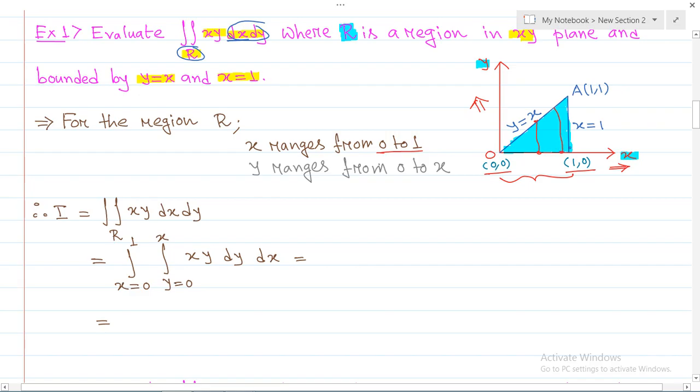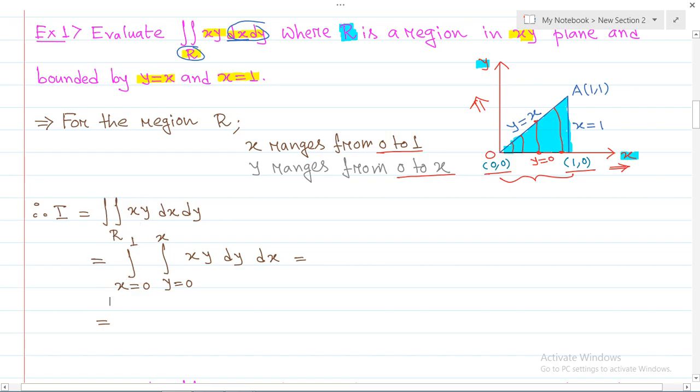At the x-axis the value of y is 0, and at this straight line the value of y is x. So the range of y will be 0 to x, because we are measuring y vertically starting from the x-axis to the straight line y equals x.